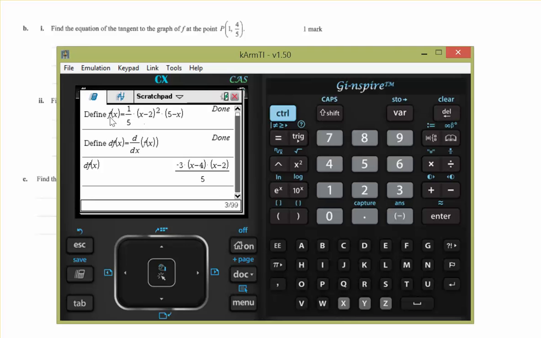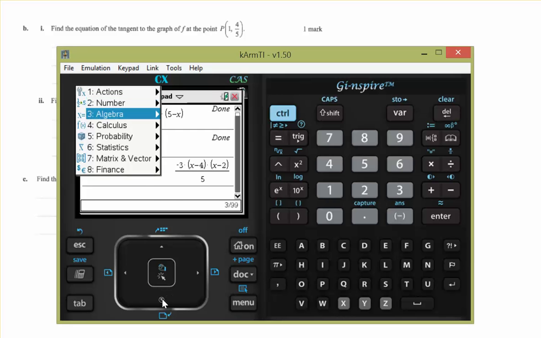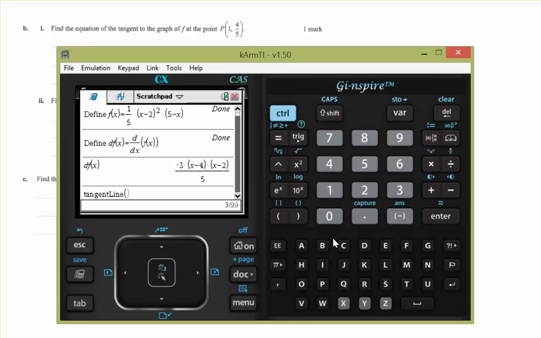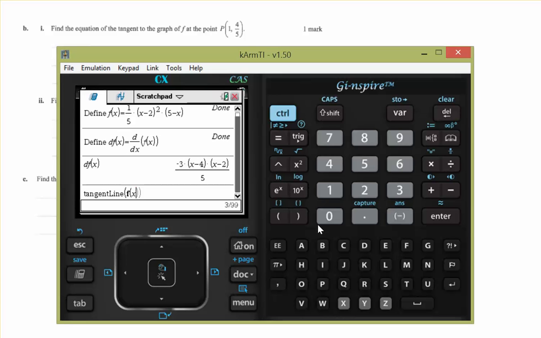So I've already defined my function up here that I'm going to be using, and we're going to use tangent line to work it out. So let's grab a tangent line, and the syntax for this one is the function, in this case f of x. We've defined it now, so we don't have to type it again.